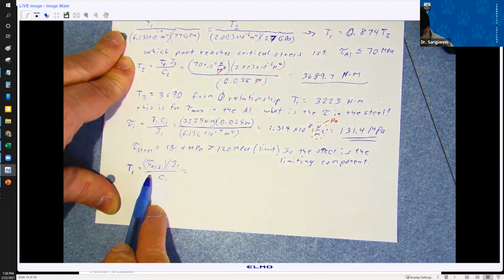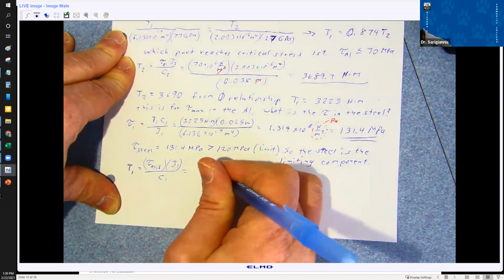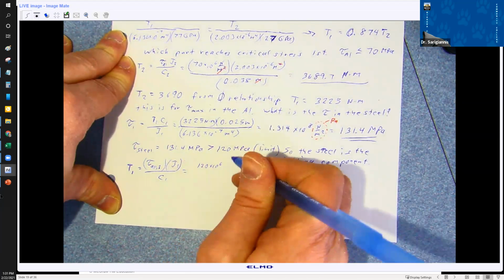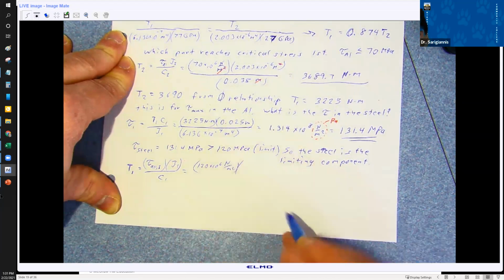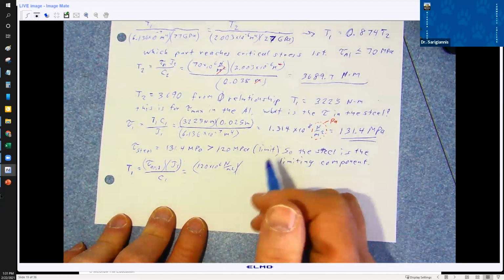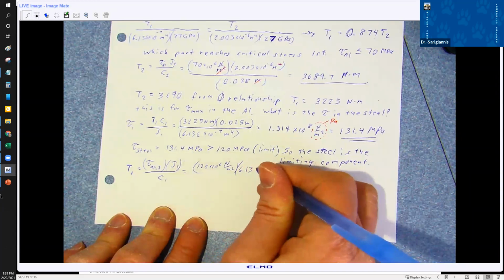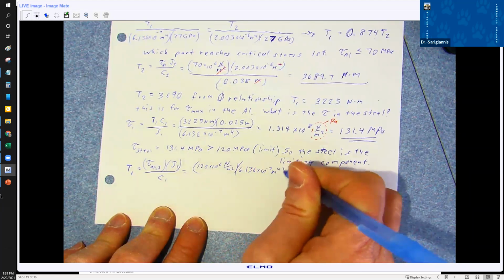And that allowable was 120 megapascals. So I'm going to put that up here in units of Newton per meter squared. Polar moment of inertia, we calculated up there. Oh, we used it up here too. 6.136 times 10 to the minus 7th meters to the 4th.